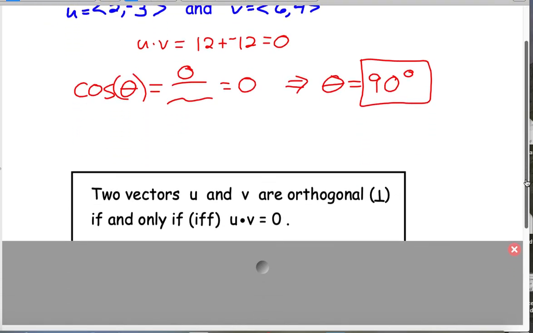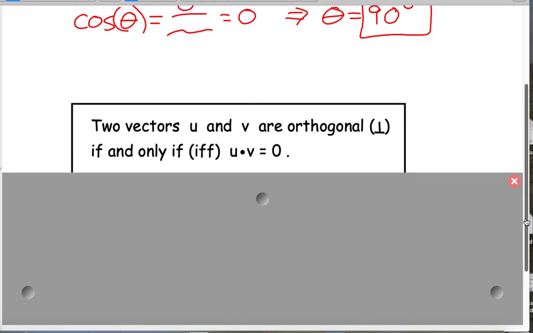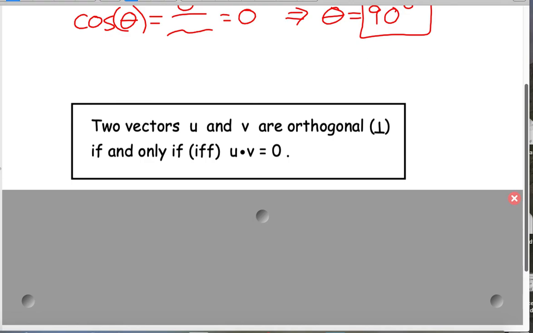So it turns out two vectors u and v are orthogonal, or perpendicular, or normal, if and only if the dot product is 0. So that takes it a step further. So we're not just saying, hey, if the dot product is 0, they're perpendicular. This is saying if they're perpendicular, it's guaranteed that the dot product is 0.